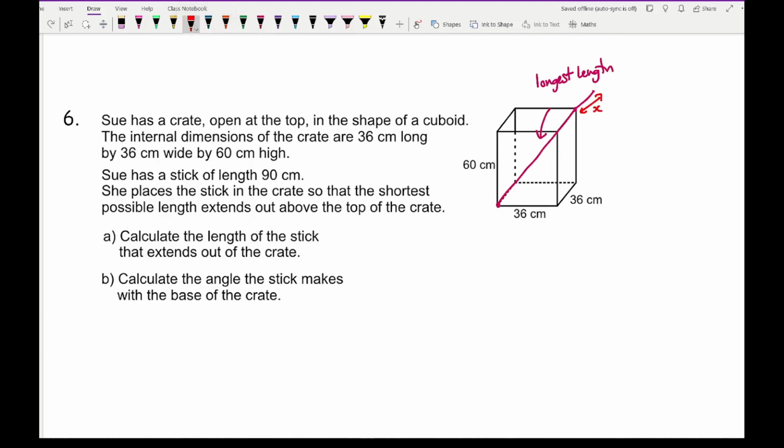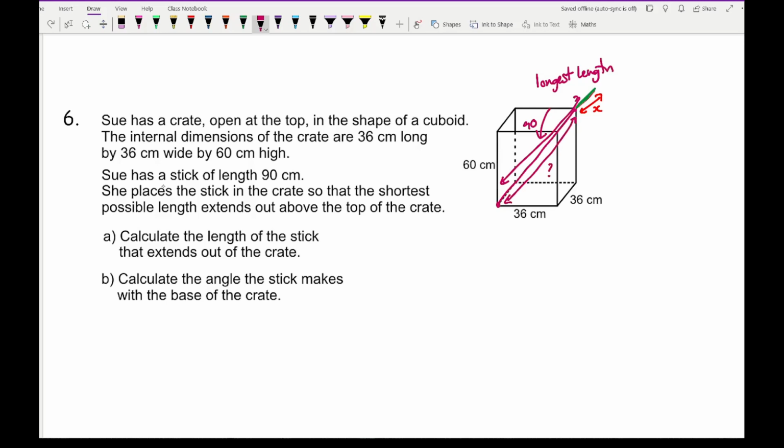In order for me to find that, I need to work out what that diagonal length is going to be. So if I just highlight this in colors, the green bit is the answer that I want, but the whole length of this is 90. So I need to work out what this length here is.